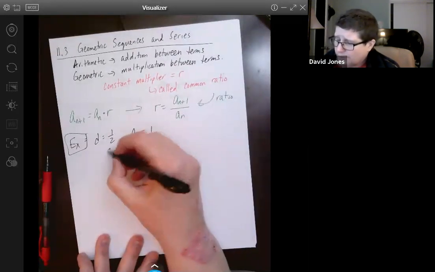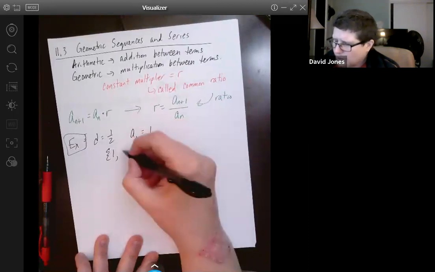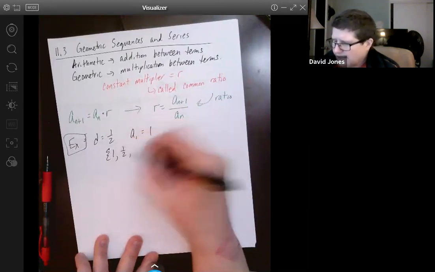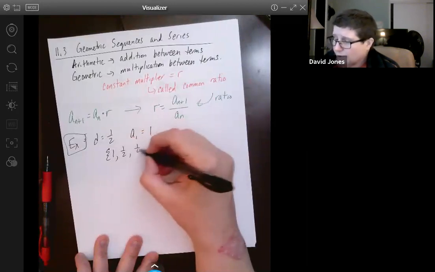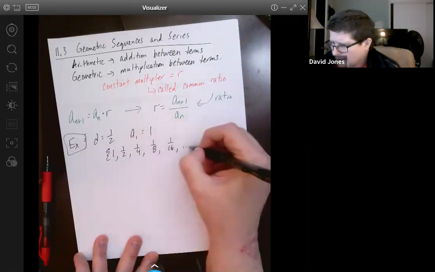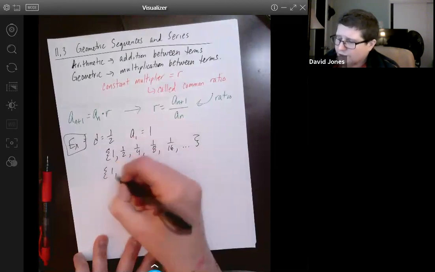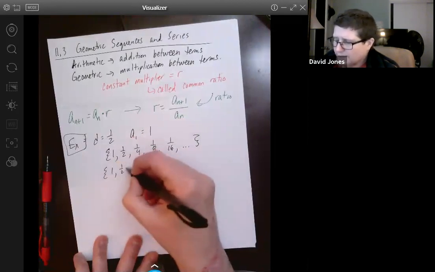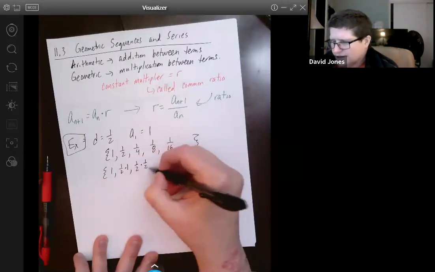My sequence would be 1, and then 1/2 times 1 would be 1/2. 1/2 times the previous term is 1/4. And it goes on like this, where this is just the first term, and then I've got 1/2 times the previous term on each of these.